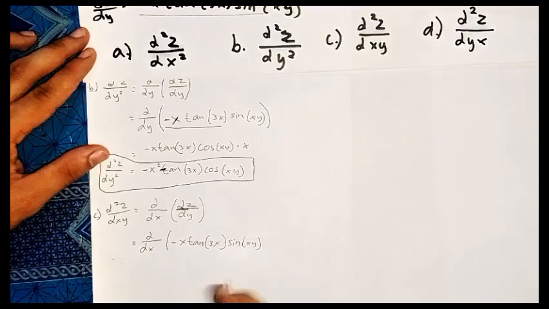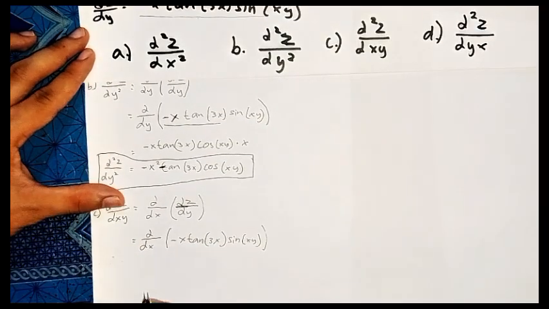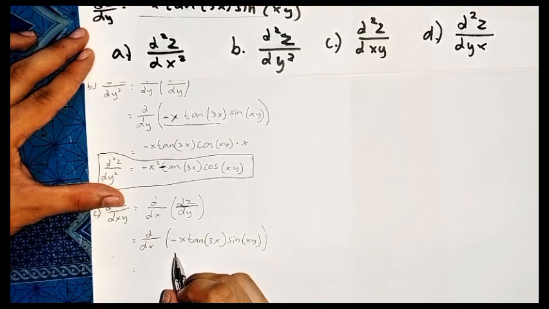Now, let's derive this with respect to x. Negative x, the derivative of negative x is negative 1.